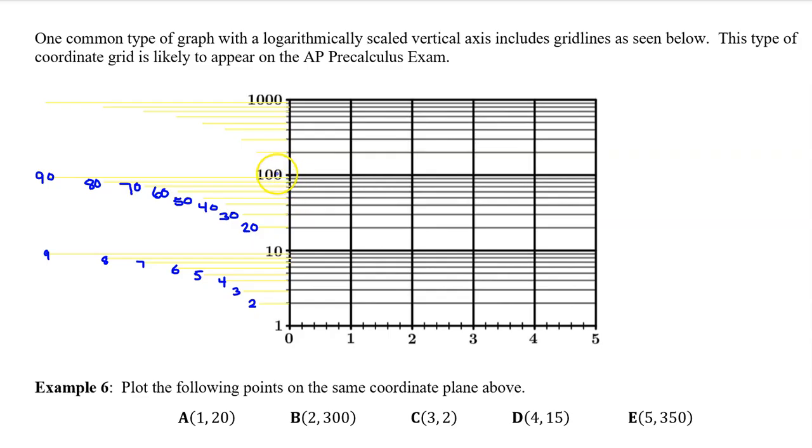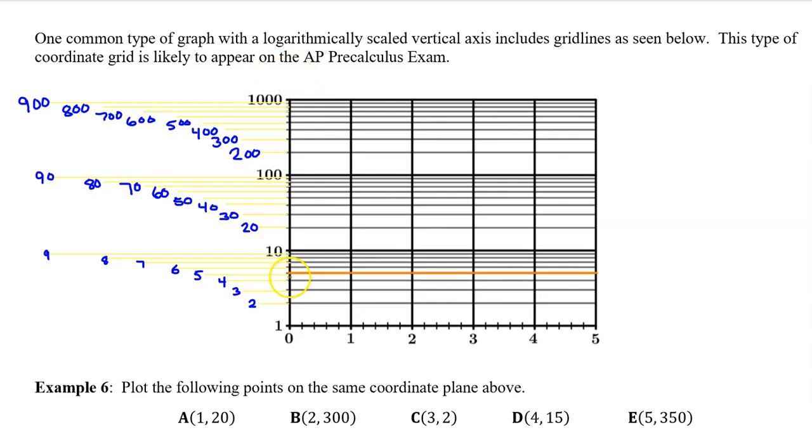Then we get to 100. Of course, as you pass 100, you begin counting by hundreds. So next is 200, 300, 400, 500, 600, 700, 800, and 900. And then finally, you get to 1000. If we kept going, the next line we would start counting by thousands.